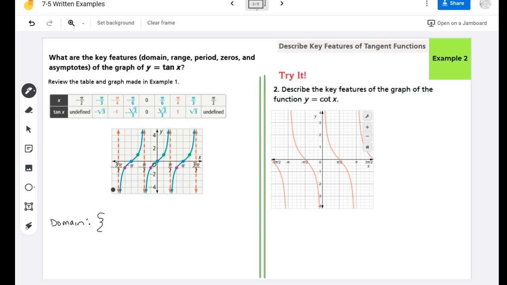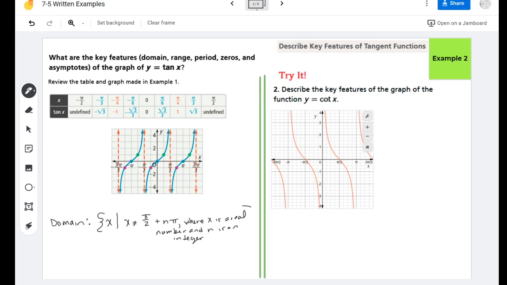So we look at all values of x where x does not equal pi over 2 or any increment of pi after that, where x is a real number and n is an integer.